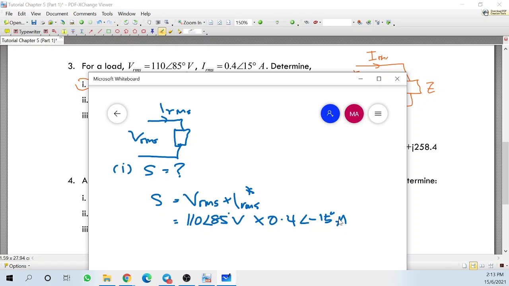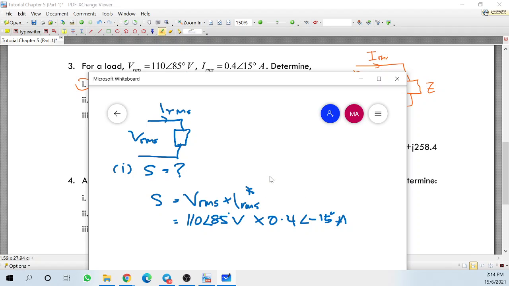Sir, kalau degree dia dah negatif, tak negatif dia? Tak. Conjugate ni masih berlawanan. Let's say mungkin soalan kamu, IRMS is 0.4 angle minus 15. So when we conjugate that IRMS, we have a positive 15.